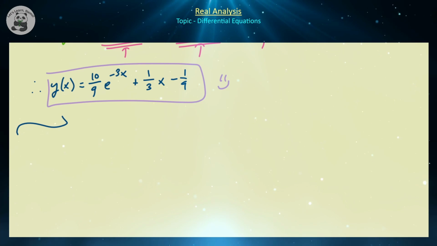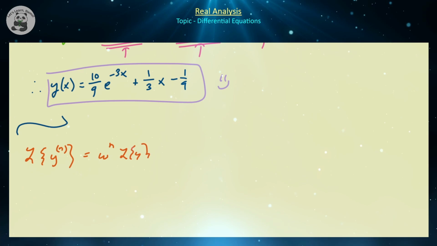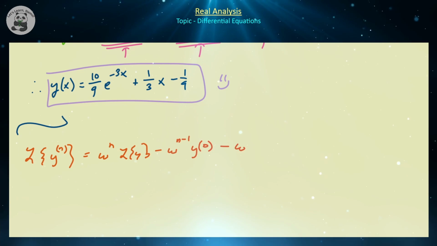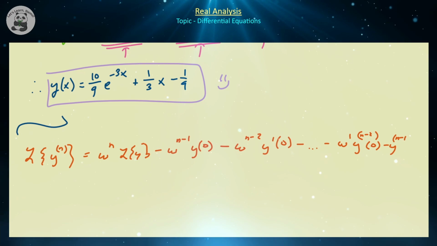And using mathematical induction on the integration by parts approach, like we did for the Laplace transform of the derivative, you should be able to find that the Laplace transform of the nth derivative will be equal to omega to the power of n times the Laplace transform of y minus omega to the n minus 1, y of 0, minus omega to the n minus 2, y prime of 0, and that's going to continue all the way down to omega to the power of 1, y to the n minus second derivative at 0, minus the n minus first derivative at 0.